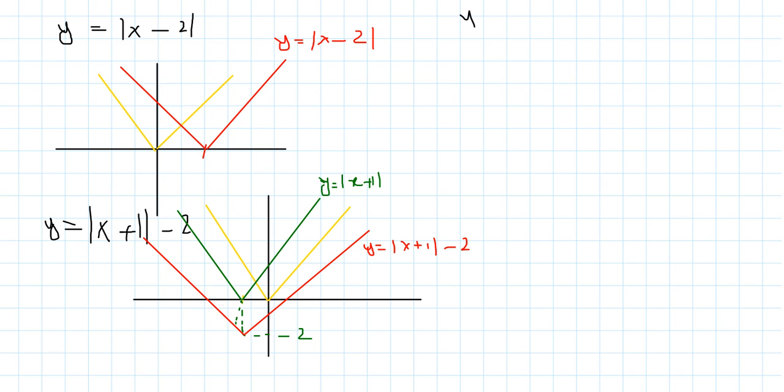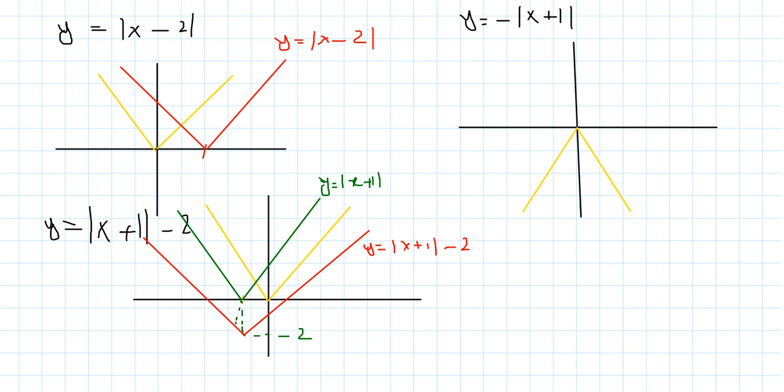Y equal minus absolute x plus 1. So at first I have minus, so because I have minus I should draw it flipped. After that, shift on minus 1.